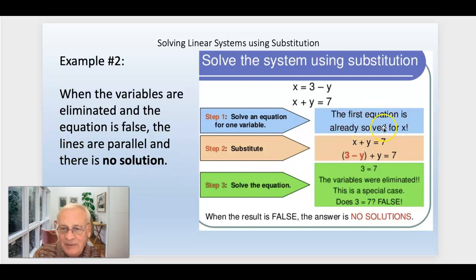Here's an example right here. When I substitute in the value for x, this becomes y minus y. The y's disappear too. We end up with 3 equals 7. Well, that's not true. 3 does not equal 7. So there is no solution. Those are parallel lines that never intersect.